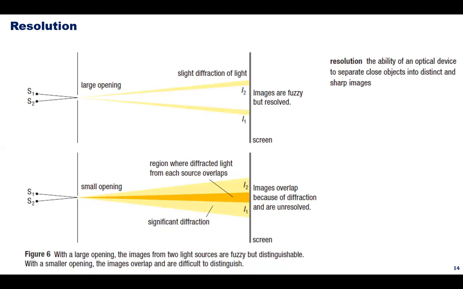If the opening is quite small and the objects are close to each other, distinguishing between the two images can be quite challenging, which is shown here in figure 6. So in summary, the resolution is just the ability of an optical device to separate close objects into distinct and sharp images.